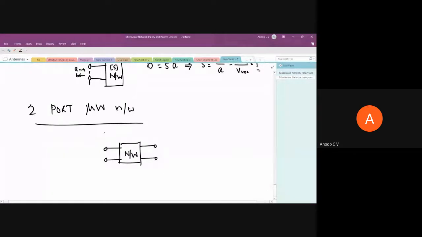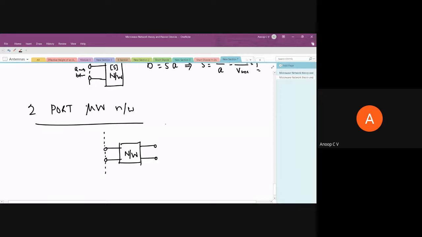As I told, unlike the lumped network definition of a port, where we can define a port as a terminal, here a port is a plane which is perpendicular to our transmission line or whatever distributed network we have, or a constant z if I'm placing it along the z axis, because here the space variable is also important.